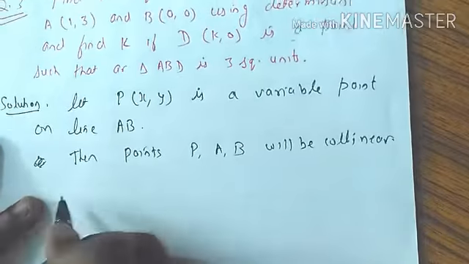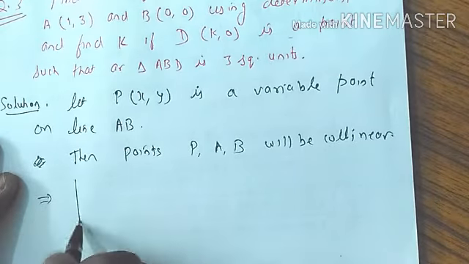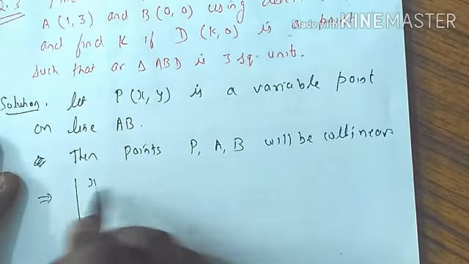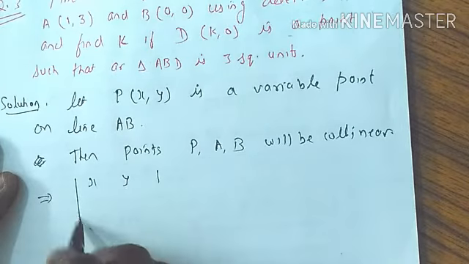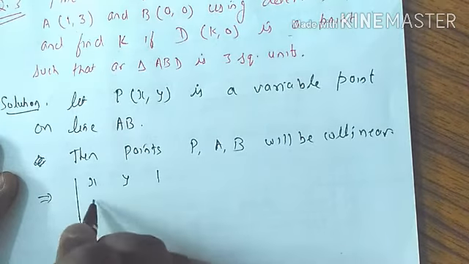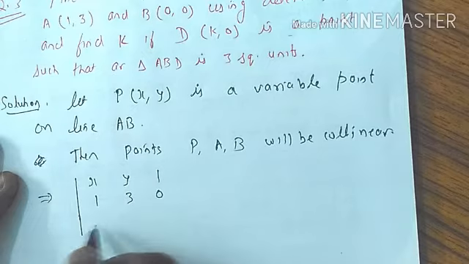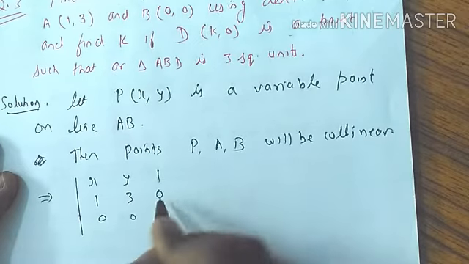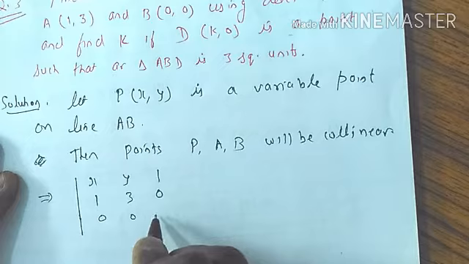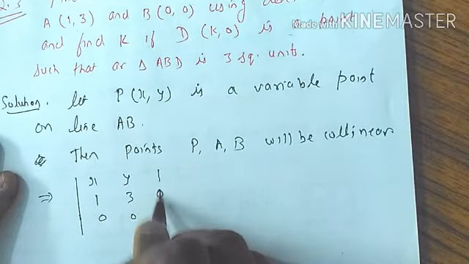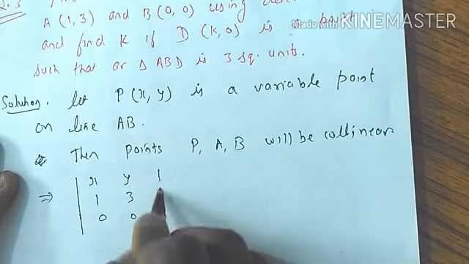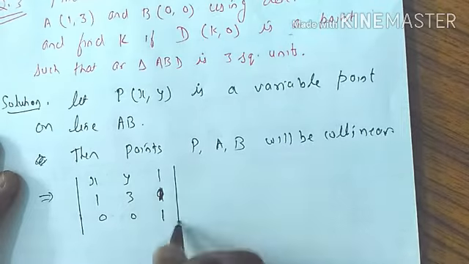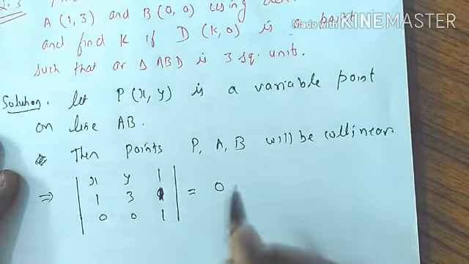What is the collinear condition? So this implies that the determinant of x, y, 1; 1, 3, 1; 0, 0, 1 will be 0.